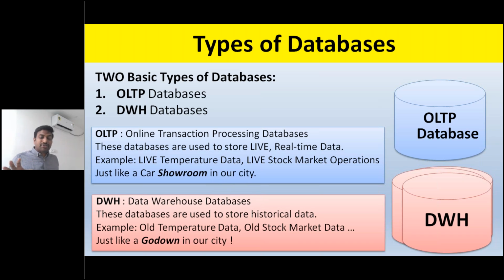This data warehouse is used to store historical data, old data: old temperature, old stock market data. You apply for a home loan, we see old statements, etc. Anything old comes under the data warehouse.